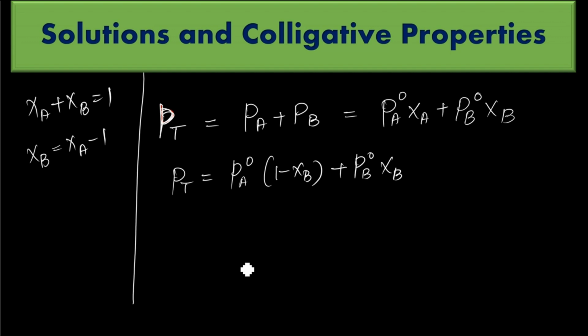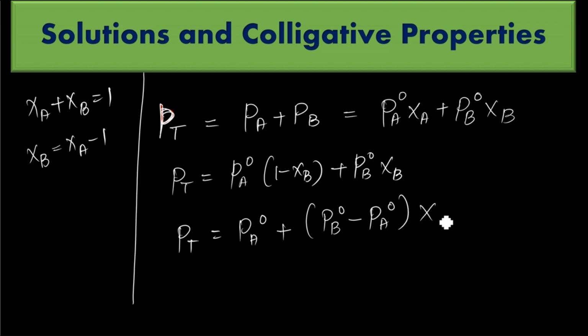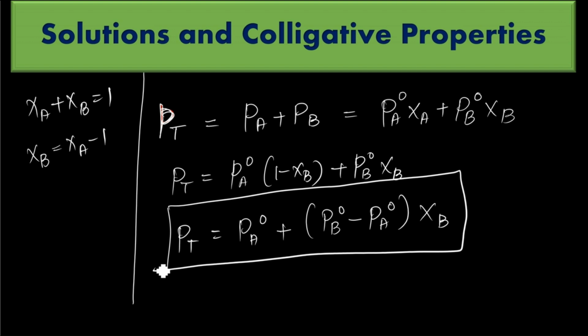Upon simplifying this, simplifying means just multiply it inside, I'll end up with the final equation as P_A naught plus (P_B naught minus P_A naught) times chi_B. This is also an important equation. So whenever they are giving you the question, analyze it and use the formulas accordingly.